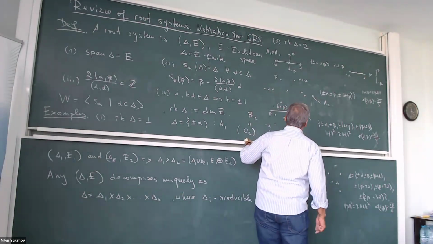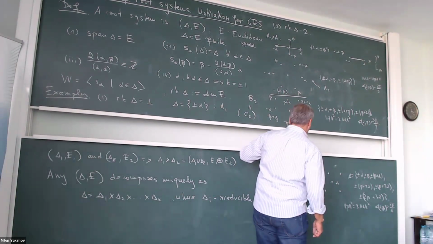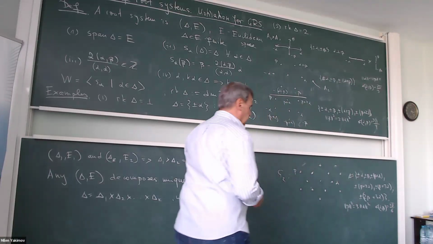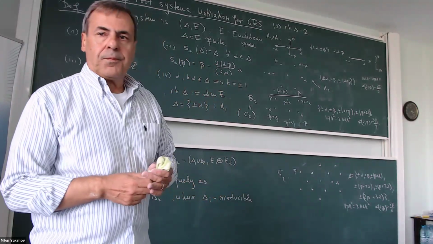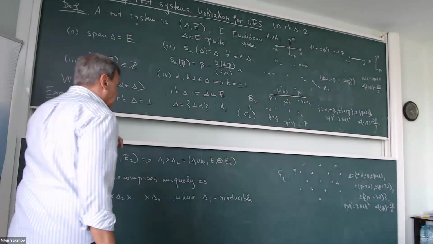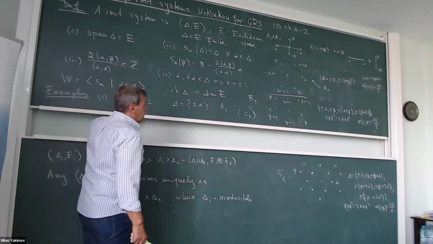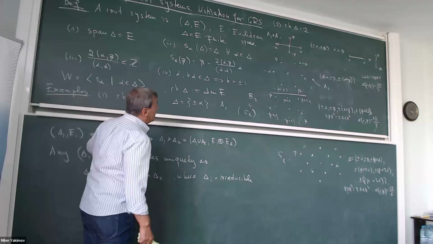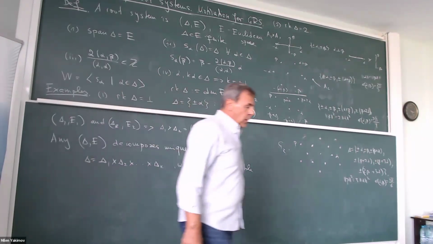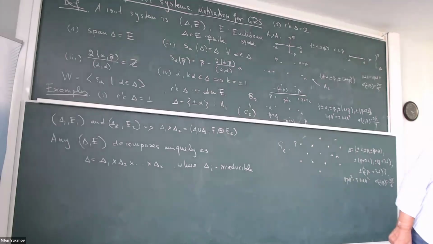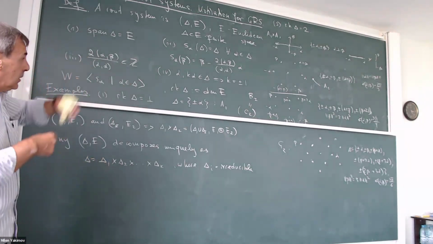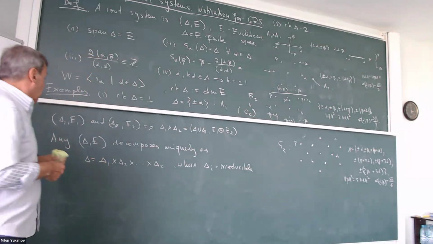If you're curious, there is no C2 separately. And this is called G2. So this is so far the classification of rank 1 and rank 2. I'm not going to continue with the classification of higher ranks, obviously, not step by step.